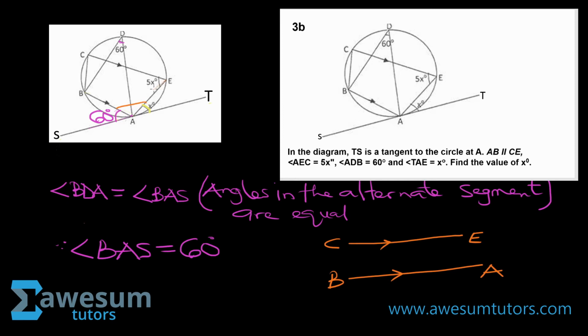This is the line AE. You now draw AE right across it. You draw something like this.